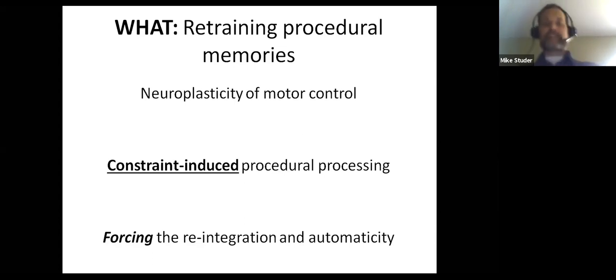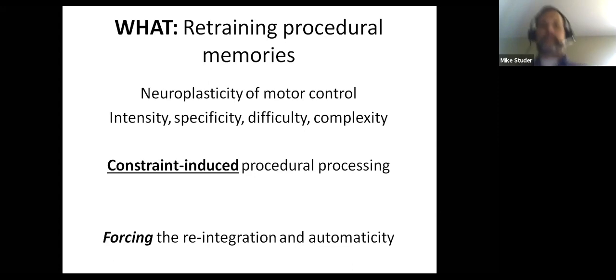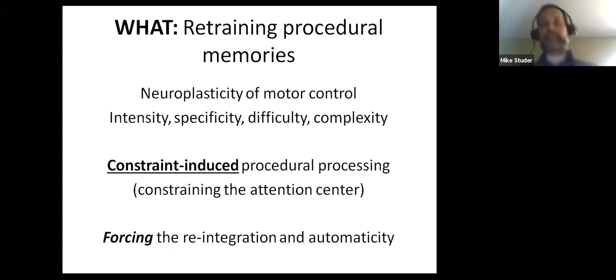So truly constraining or forcing the reintegration and automaticity therein. Now, constraining the attention center is exactly what happens. So I want you to hold on to that concept for just a moment of constraint-induced learning.